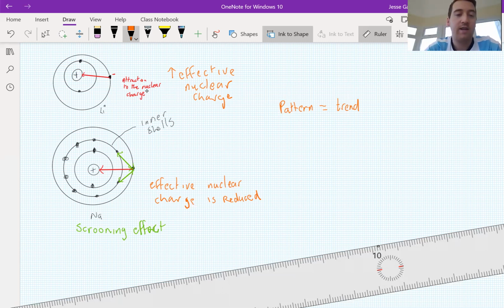The second reason is the screening effect. The screening effect is where electrons in the inner shells block or reduce the effective nuclear charge. So they block the pull of the nucleus on the outer shell electrons by repelling the outer shell electrons. Okay, so these are the factors that affect the atomic radius as we move down a group in the periodic table.